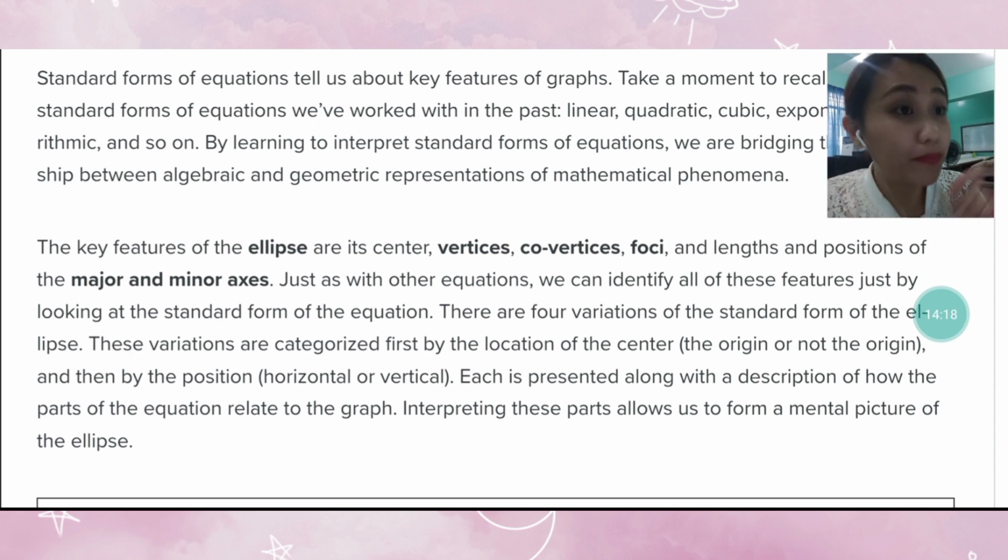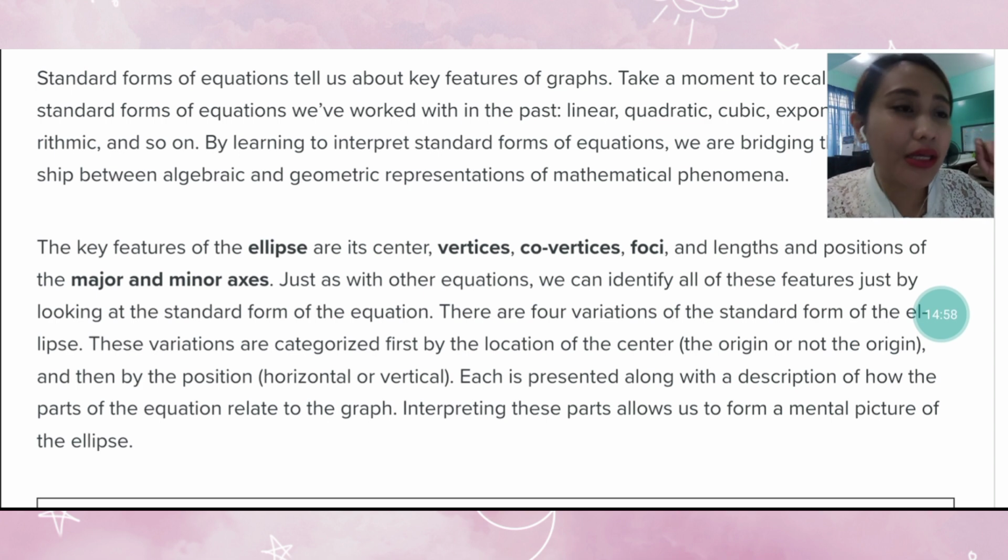For an ellipse, take note, these are the important parts which we will also need in graphing: the center, the vertices, the endpoints of your major axis, the co-vertices, the endpoints of the minor axis, the foci, the two fixed points, and the lengths and positions of the major and minor axes. Just as with other equations before, like the circle and the parabola, we can identify all of these features just by looking at the standard form of the equation. There are 4 variations of the standard form of the ellipse. These variations are categorized first by the location of the center.